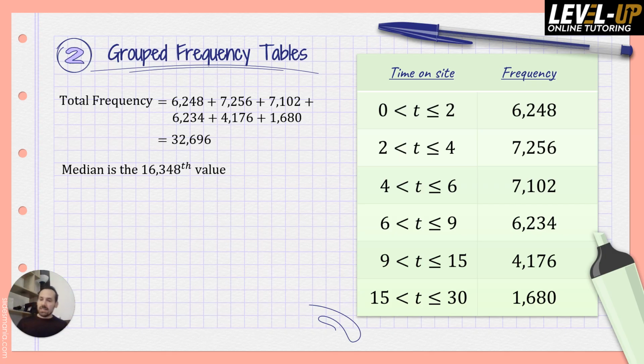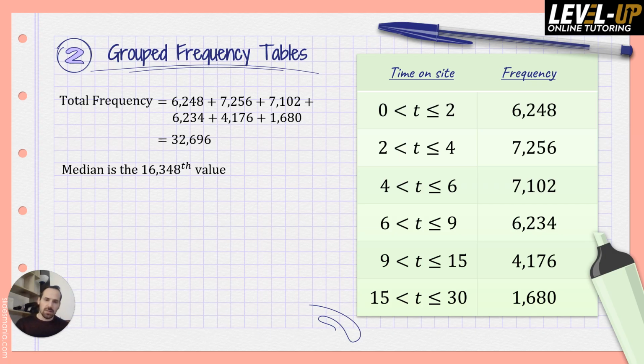So we know it's not in the first category because there's 6,248 in the first category. If we then look at the second category, that's another 7,256. So approximately that takes us up to about 13,500. The next category is then just over 7,000. So we can see that's going to take us to over 20,000, the 20,000th person.